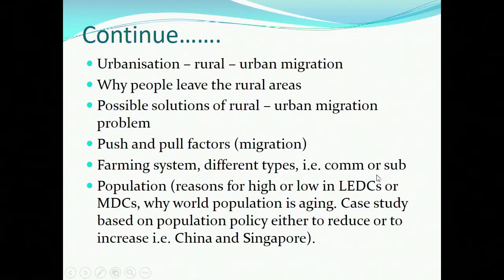Which means that now you need to identify a place, you have to identify a type of farming, then you come to the inputs. What are the inputs? For example, it could be land. Then from there you come to the process. What do people do with their land?